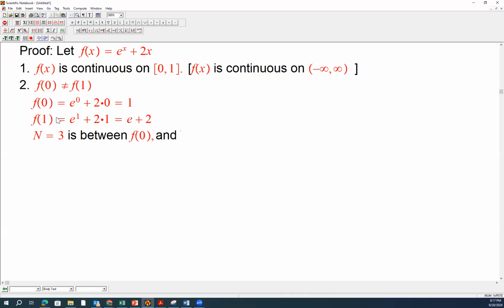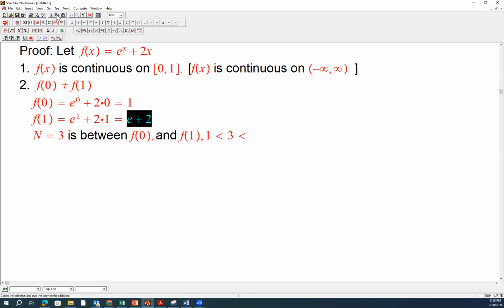Some of you probably learned it somewhere, that 1 is less than 3, and 3 is less than e plus 2.